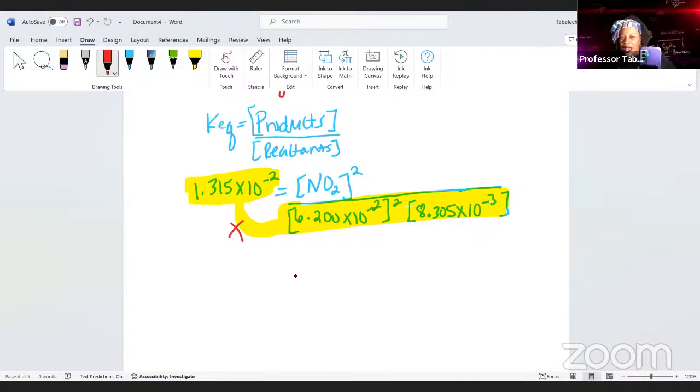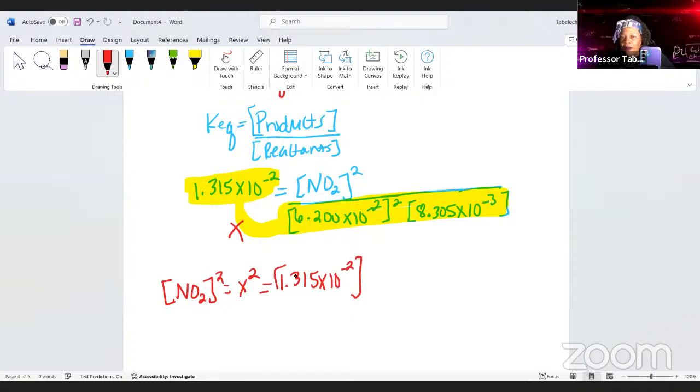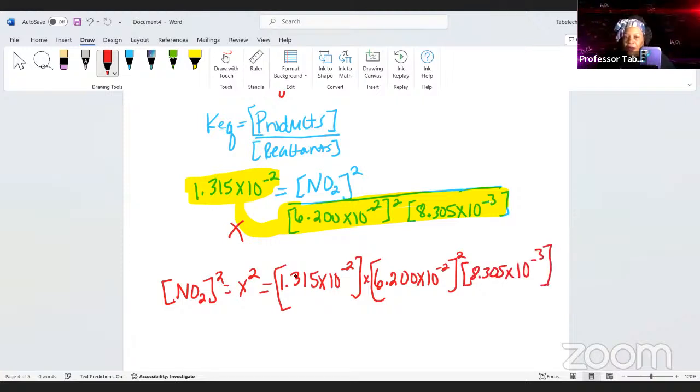And again, for the sake of time, NO2 squared equals X squared, because remember, we're going to say that's equal to X. That's equal to 1.315 times 10 to the negative second power times 6.200 times 10 to the negative second squared times 8.305 times 10 to the negative third power.